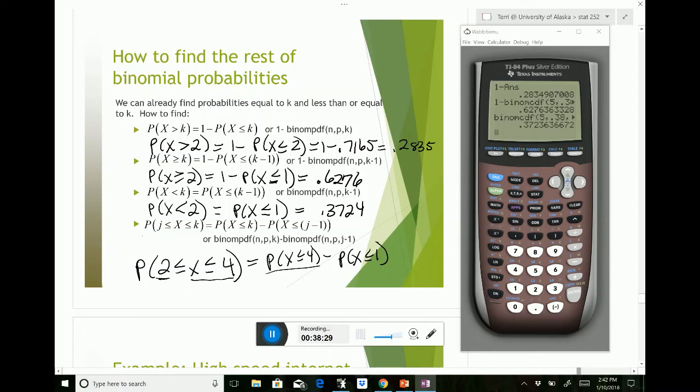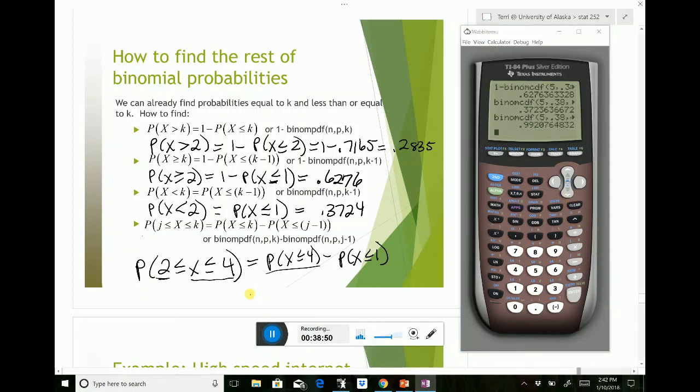So I'm going to do this again. Okay, I'm going to do this with 4. Paste.